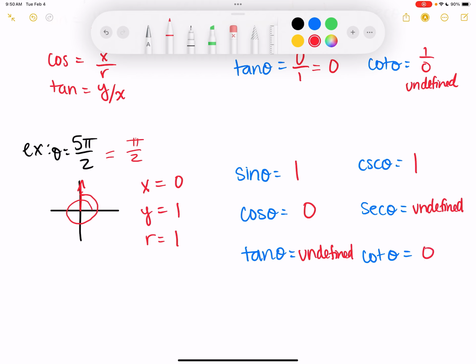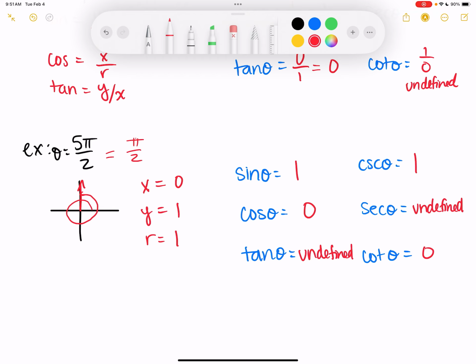We okay on that? I don't really understand those, to be honest. When we're finding x, y, and r, those are just like the Pythagorean theorem: x is a, y is b, and r is c. But I get the 0 and the 1 for x and y from the unit circle, because at this point x is 0, y is 1.